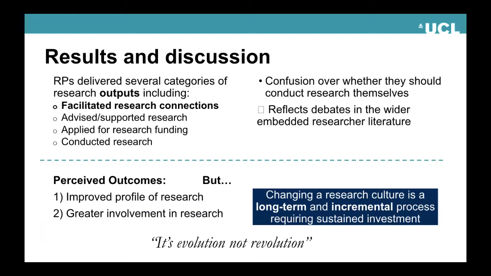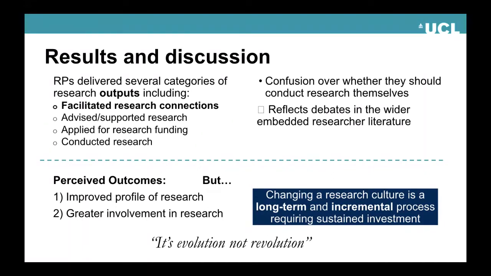The research practitioners also delivered several categories of research outputs. And the most prominent of these categories was facilitating research connections. So for example, they often advertised research opportunities and connected academic colleagues to relevant colleagues in the local authority. They also frequently advised and supported research and applied for research funding for the local authority.